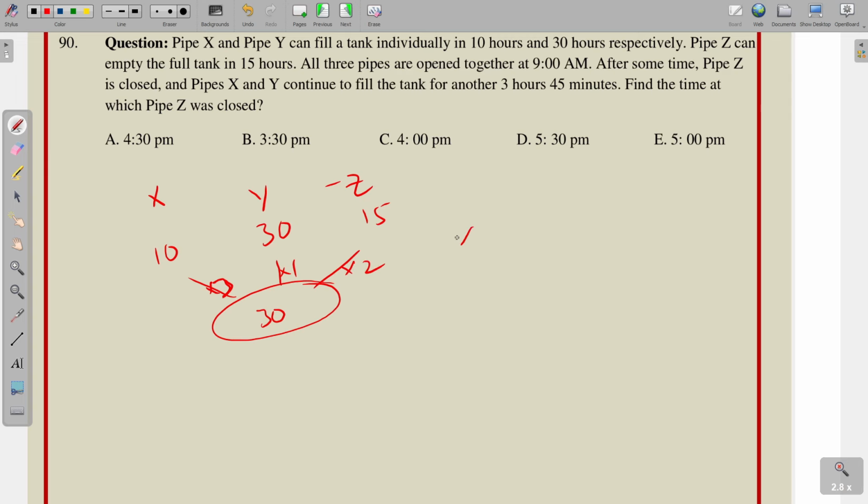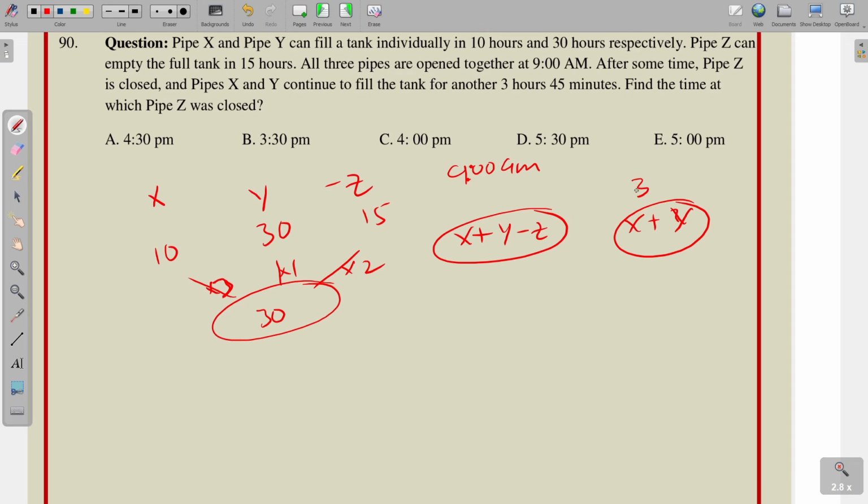So, all the pipes x plus y minus z are all working at first, at 9 a.m. After some time z is closed, means after that only x plus y are working for 3 hours 45 minutes, means 45 minutes is called 3 by 4 hour.